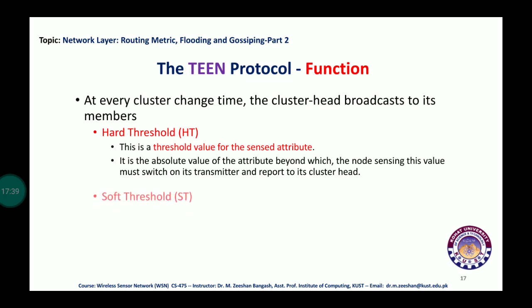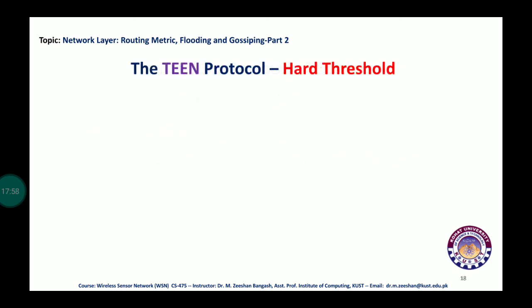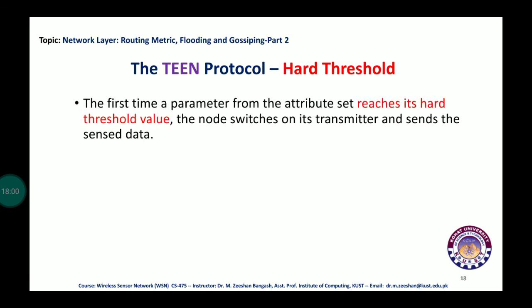And then there is another function, which is a soft threshold, ST. If there is any small change in the value of that sensed attribute, not a large one, it will trigger the node to switch on its transmitter and transmit. So the first time a parameter from the attribute set reaches its hard threshold value, the node switches on its transmitter and sends data.